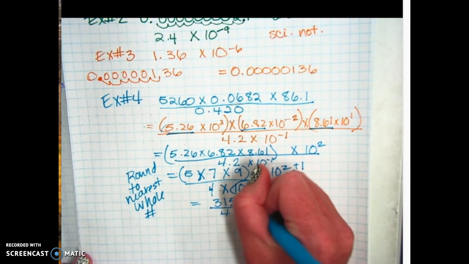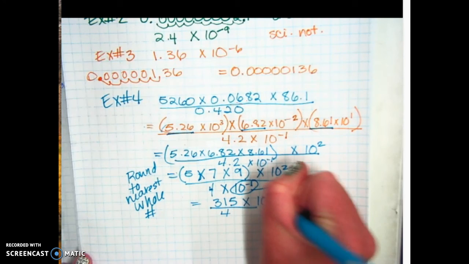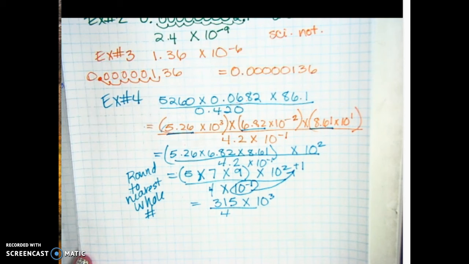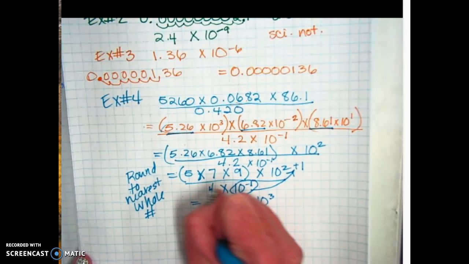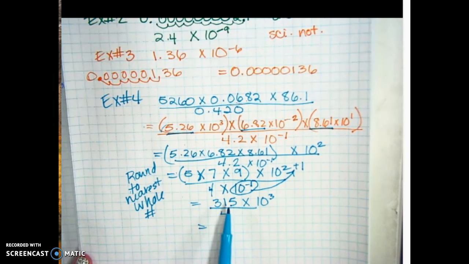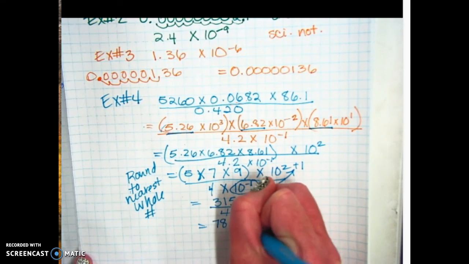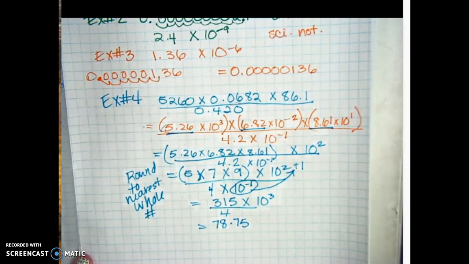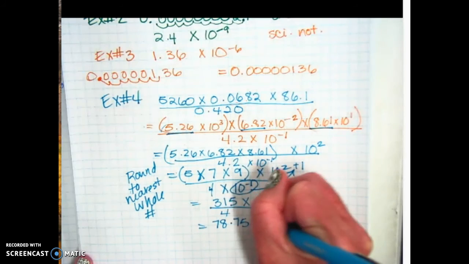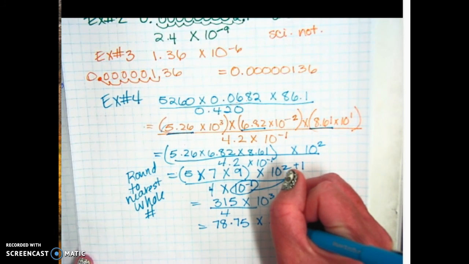So I'm going to make it times 10 to the third. Okay. Last step with the calculator, you're going to say 315 divided by 4. And then it gave me another decimal. It gave me 78.75 times 10 to the third.